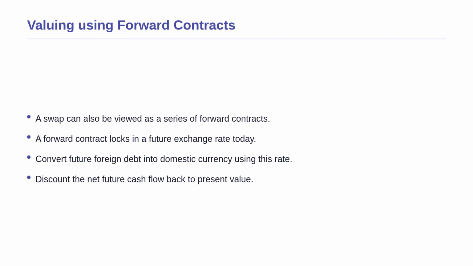By calculating what the exchange rate is mathematically expected to be in the future, we can convert our future foreign debt into our domestic currency ahead of time. Then we find the net future cash flow and discount that single net amount back to today's value. This method provides a different perspective, but will ultimately lead us to the exact same valuation.